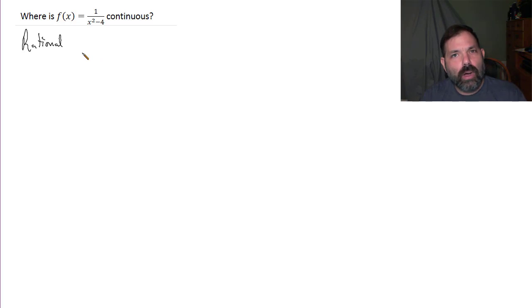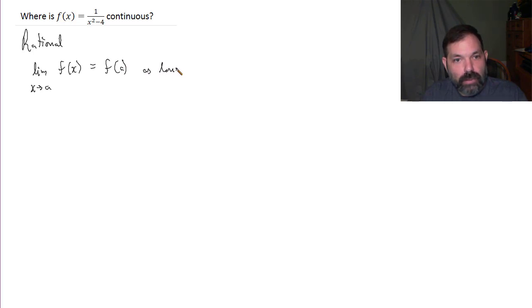And so we know that we can find limits at any values where the denominator is not equal to 0. If we remember back to finding limits, the limit as x approaches a of this function will be equal to f of a as long as the denominator is not equal to 0.